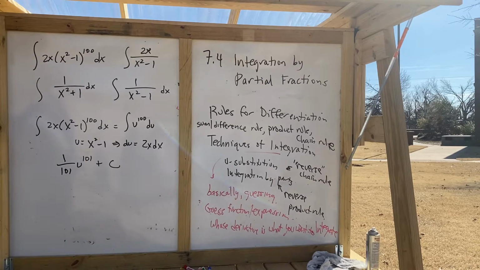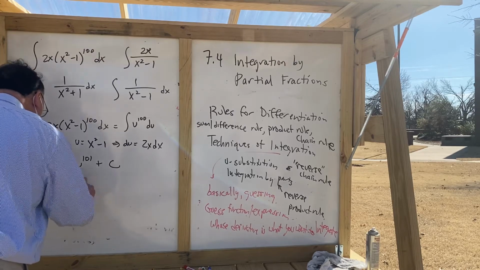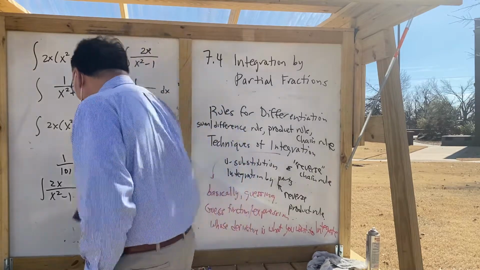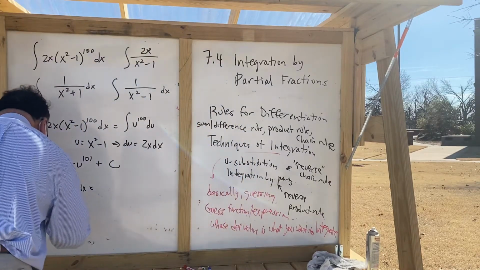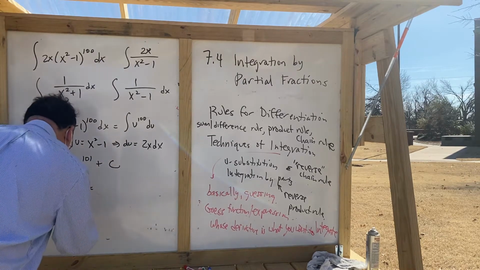Excellent. How about if we did the integral of 2x over x squared minus 1 dx? What would I set u equal to here, do you suppose? Yes, very good, x squared minus 1.